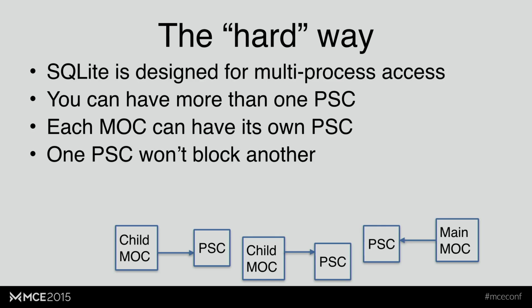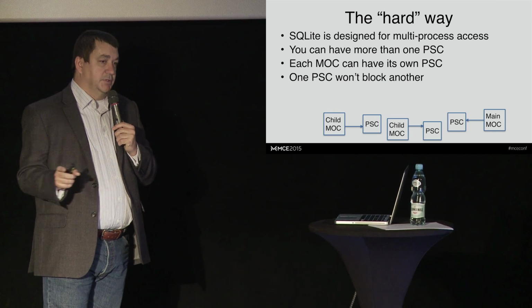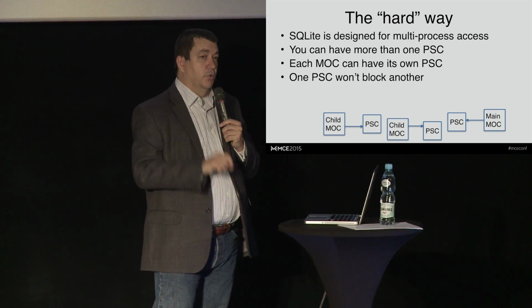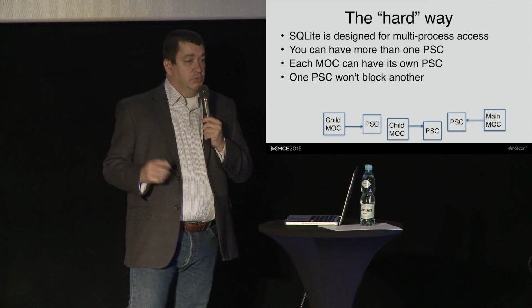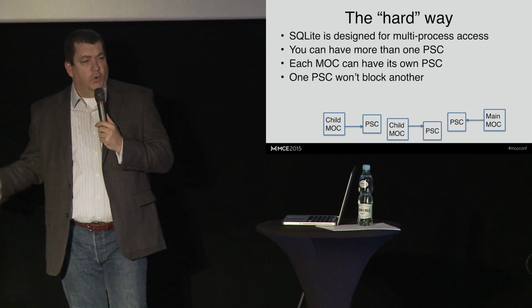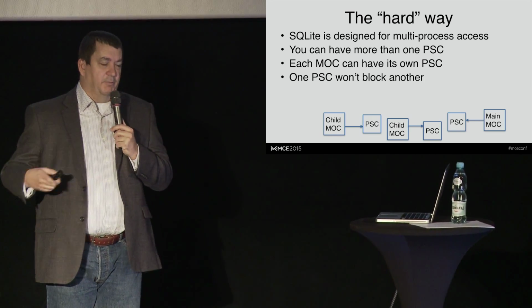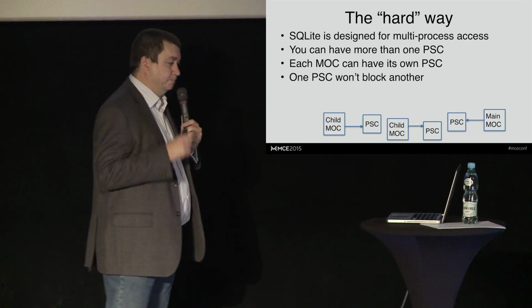One persistent store coordinator will not block another one. This means you can actually be writing to the disk from multiple persistent stores at the same time. You can write from multiple MOCs at the same time. You can do multiple imports at the same time, which is really nice now that we've got these quad-core, 8-core iPads nowadays. You can spin up multiple cores, and you can warm up your iPad.